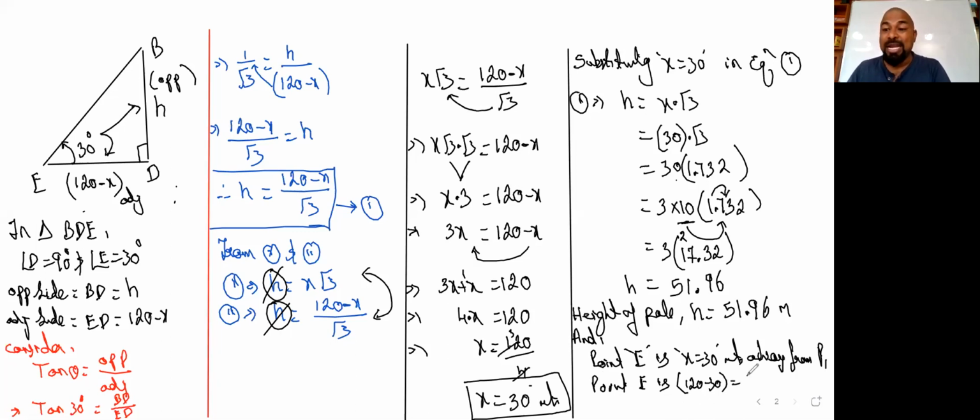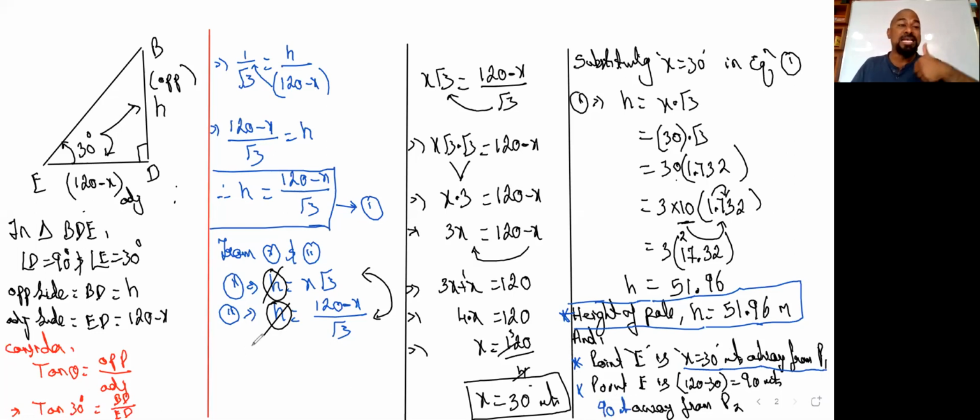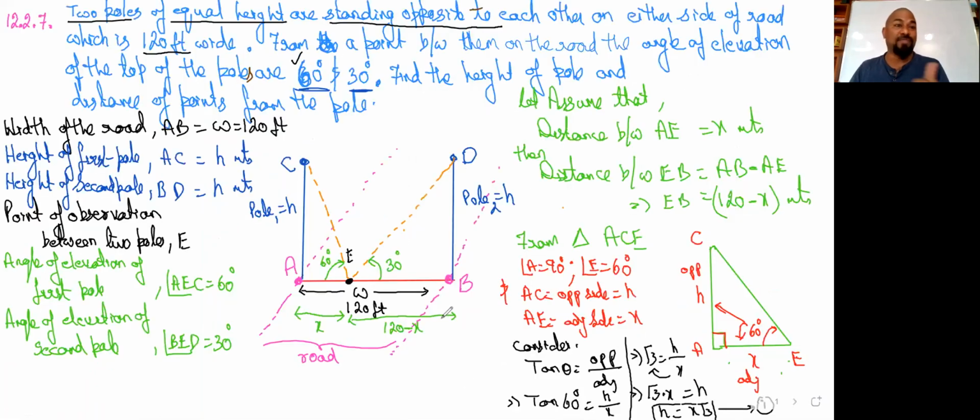It's nothing but 90 meters away from pole 2, the second pole. So these are the conclusions we are making here. The first conclusion is the height of the pole is 51.96. And the second conclusion, the point E is 30 meters away from the first pole and 90 meters away from the second pole. This is the topic we are having.